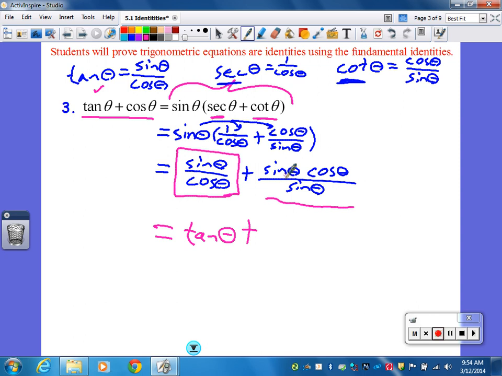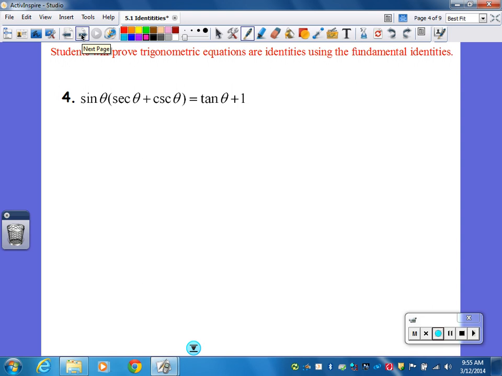Well, from before, we found out that the sines divide to be 1, so we just have cosine left. Okay? And as you can see, this is the same as that. Okay? Still on. Oh, look at this one.